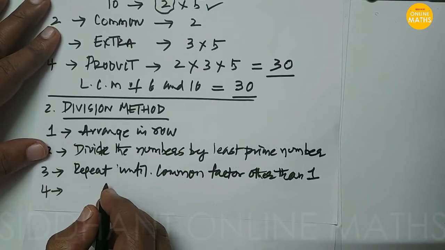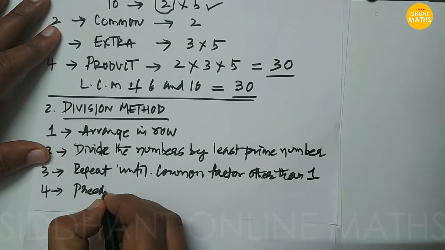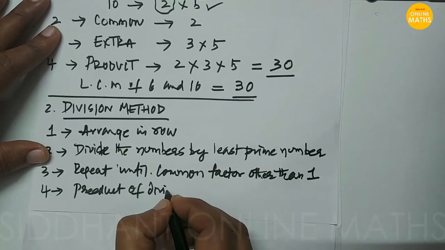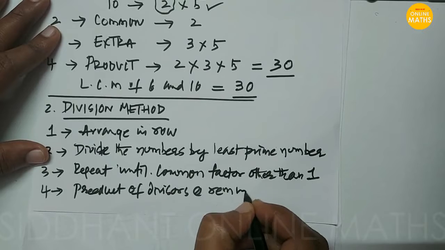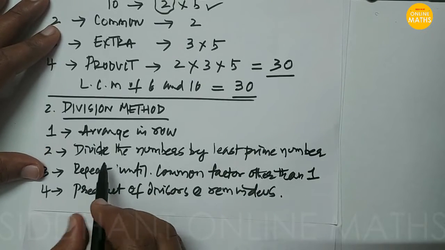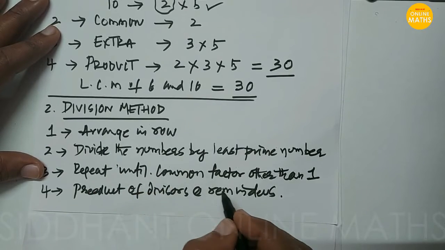Next, the fourth step: we take the product of the divisors and the remainders. So this is the methodology of the division method to find the LCM of the given numbers.